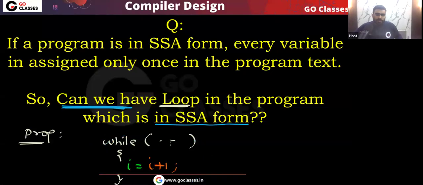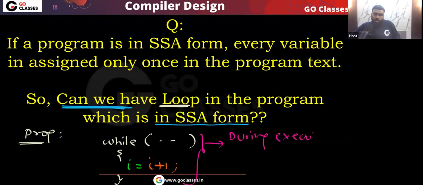What is the problem with a loop? The problem is that when you execute this, the assignment will happen many times. So can I say this is in SSA form? Are you getting my point? During execution, many assignments to I will happen.